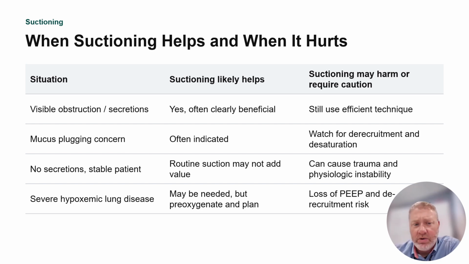If there are no secretions on a stable patient, don't do it. If they've got severe hypoxemic lung disease, so a bad COPD patient, yeah, suction them if they need it, but make sure that you plan and pre-oxygenate so that you don't risk them crashing as a result. Suctioning can create a vagal response as well if you go too far and hit that. So be prepared for those things as well.